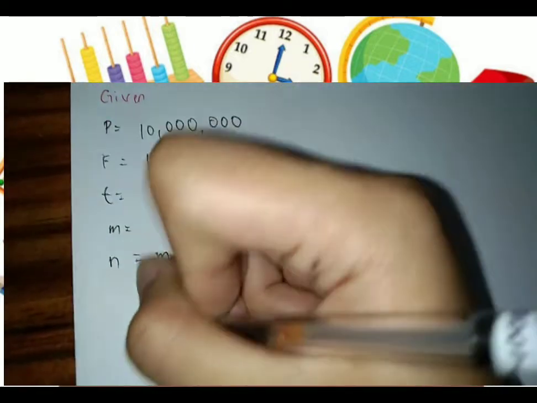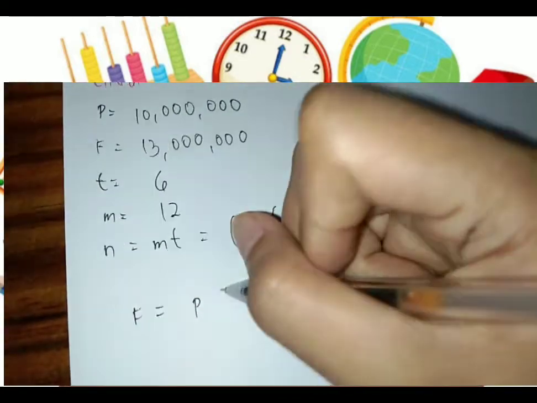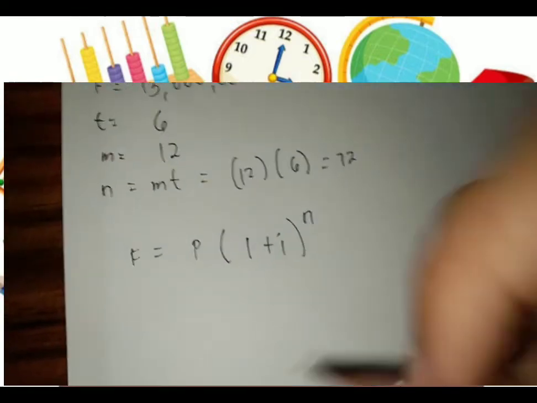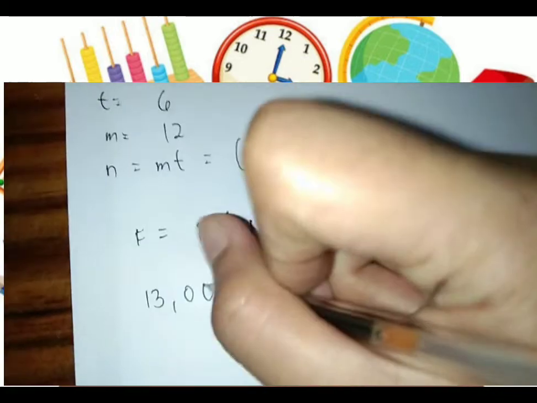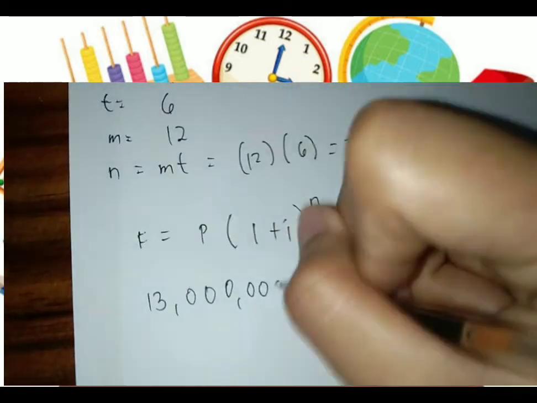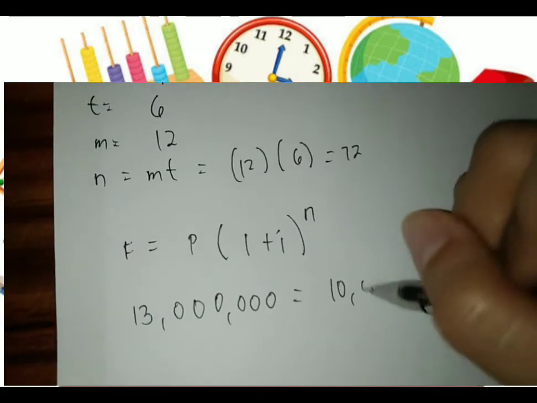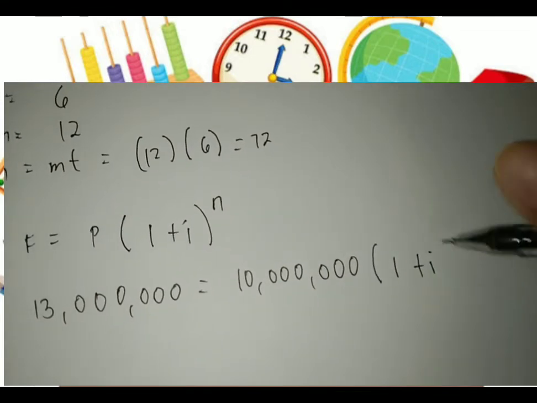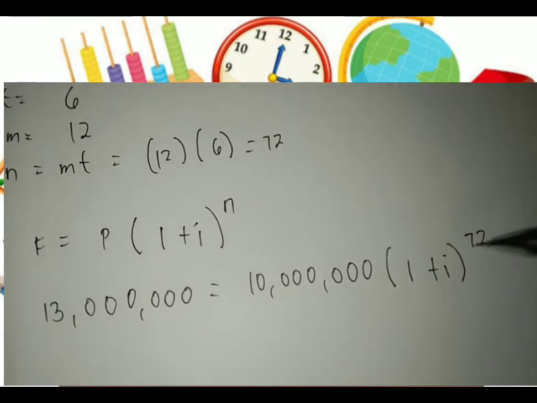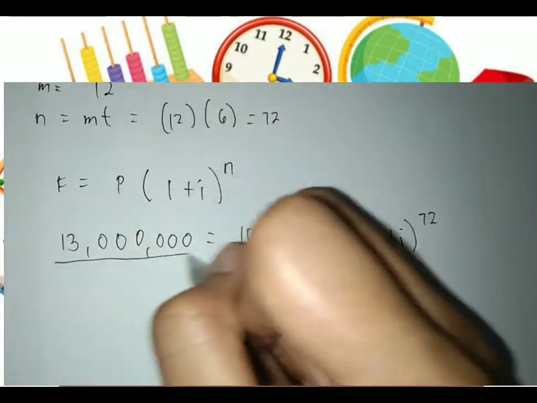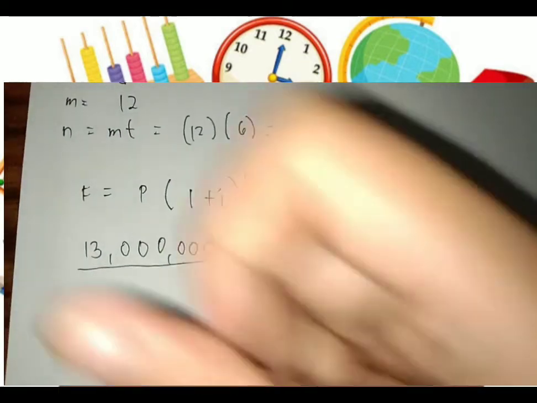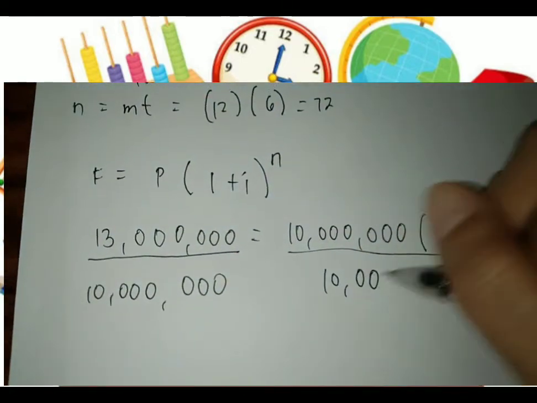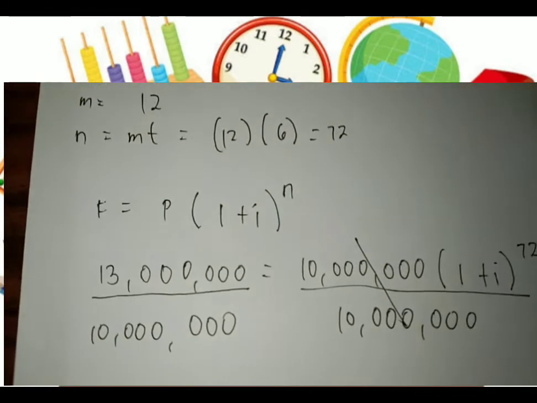Now we are going to solve. F is equal to P times quantity 1 plus i raised to n. So 13 million is equal to 10 million quantity 1 plus i raised to 72. Now we divide both sides by 10 million, and we cross it out.